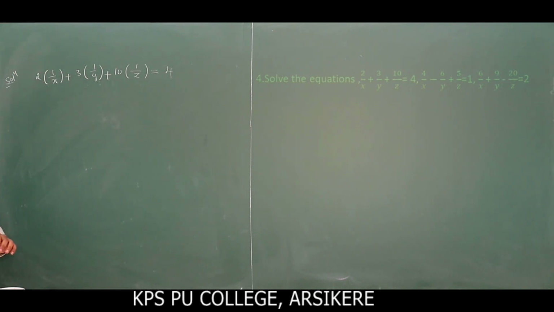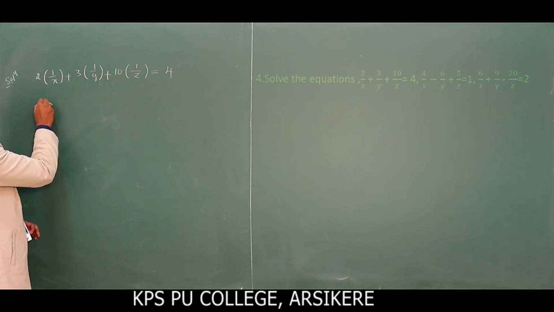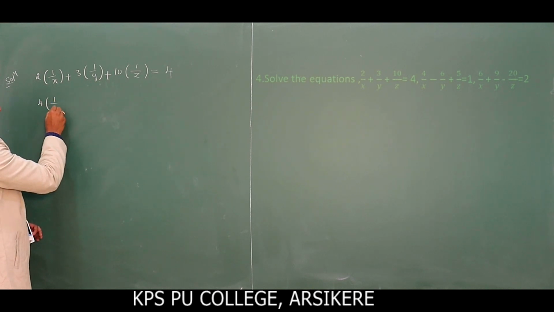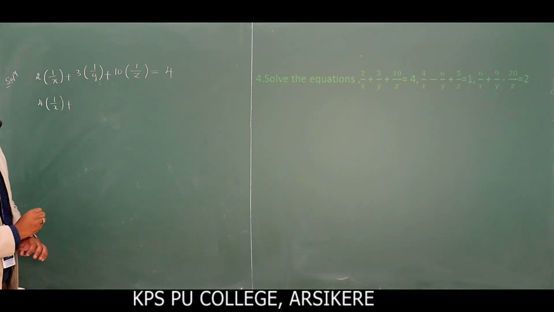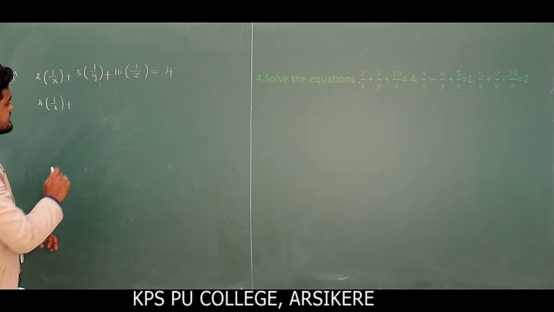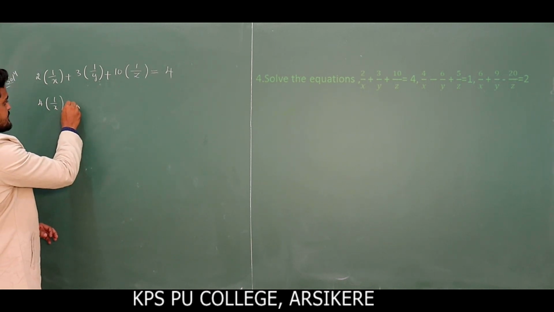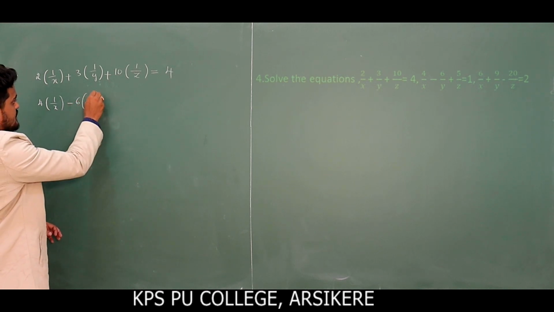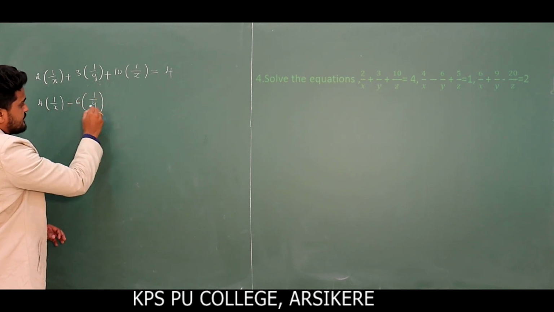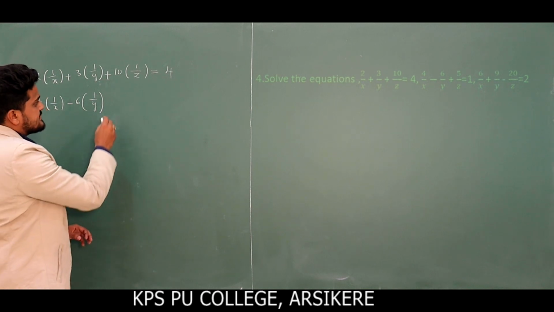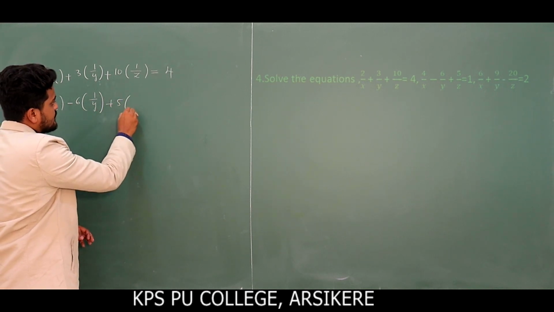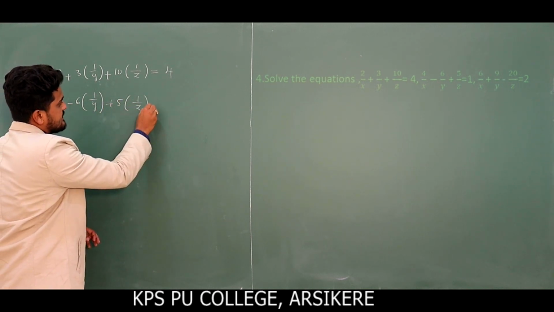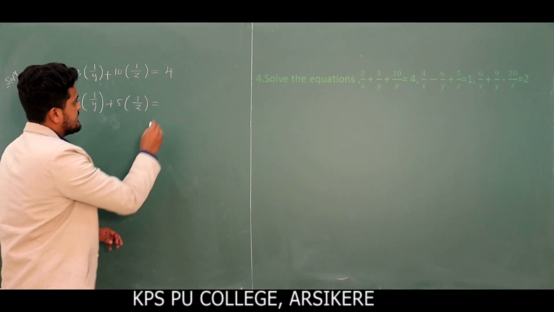In the same way, the second equation can be written as 4 into 1/x minus 6 into 1/y plus 5 into 1/z = 1.